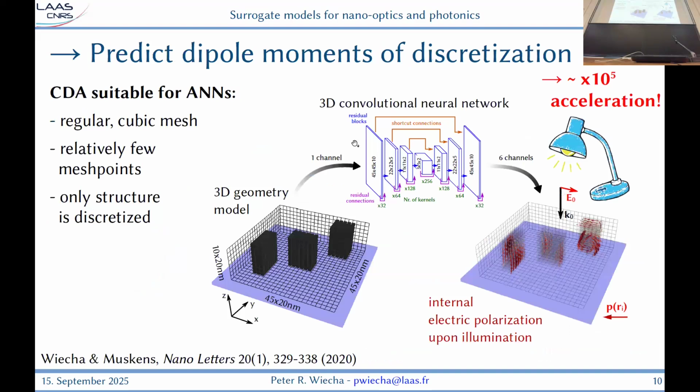And so our idea a few years back was that we could use a deep learning surrogate model to predict these internal fields very, very fast, because this is the slow step of the simulation. All the observables that we can calculate later are relatively cheap to calculate. Okay, and the coupled dipole approximation specifically is pretty suitable for these kinds of network approaches, because usually we discretize the structure on a regular cubic mesh, so we can directly use very common network architectures like convolutional networks.